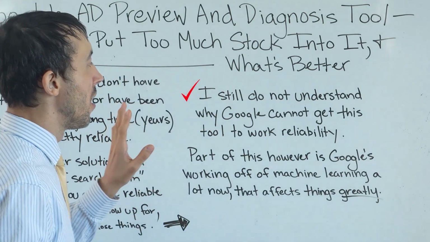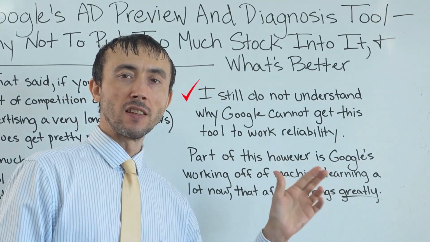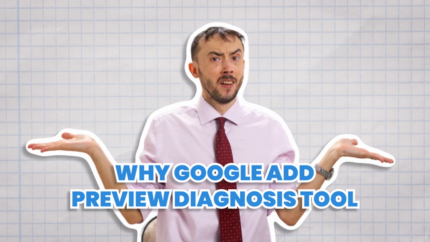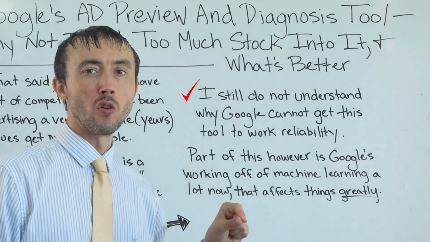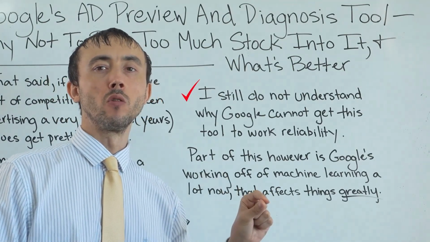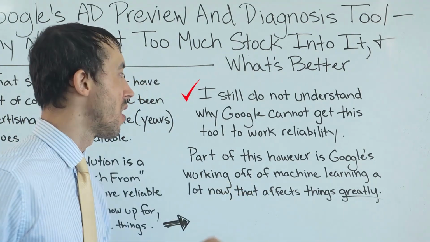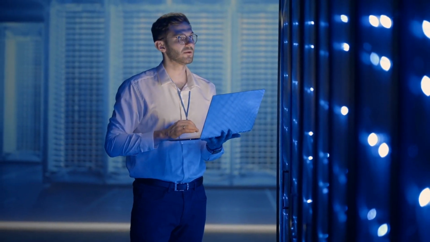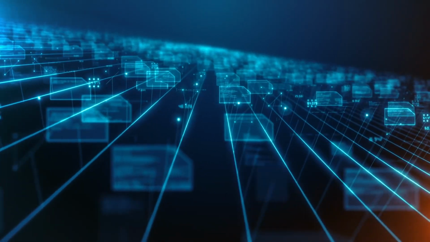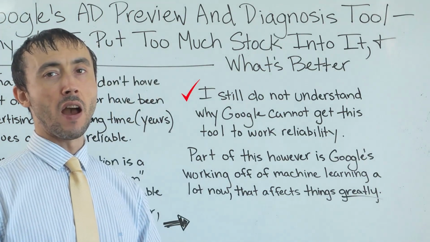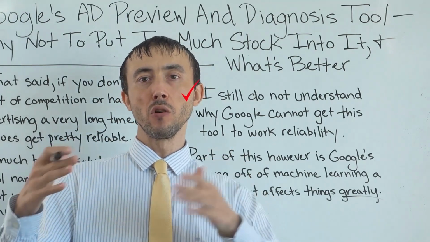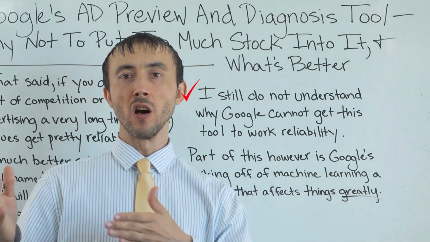Part of why, for sure, as a secondary part to what I just said, the Google ad preview and diagnosis tool doesn't show you as showing up on Google when you check on Google yourself, and you are, is due to Google's system primarily working off of machine learning models now, and that affects whether or not you actually show up on Google, where you legitimately should show up because you're targeting that keyword, and you don't.